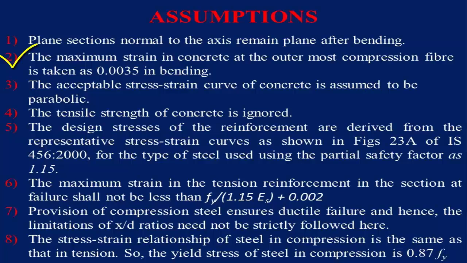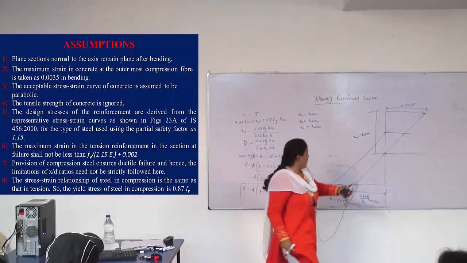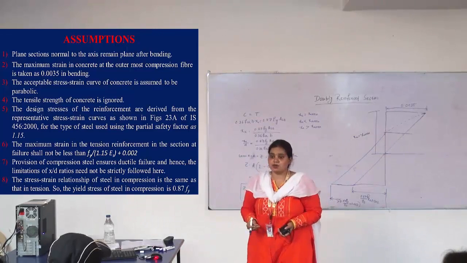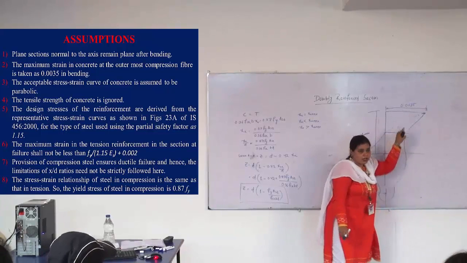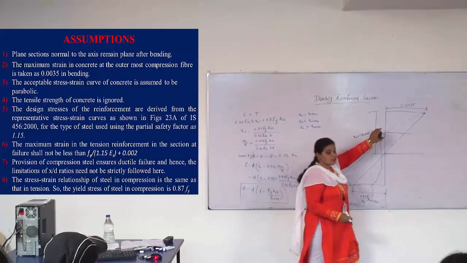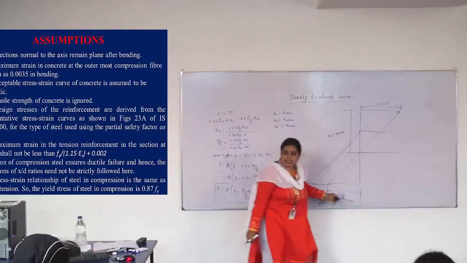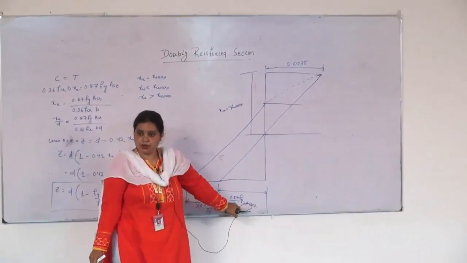The second assumption and the sixth assumption are satisfied. Another assumption is: if the concrete has reached 0.0035, the tension steel strain will be more than this; or if the strain in concrete is less than 0.0035, the tensile steel is 0.87 Fy by ES plus 0.002.